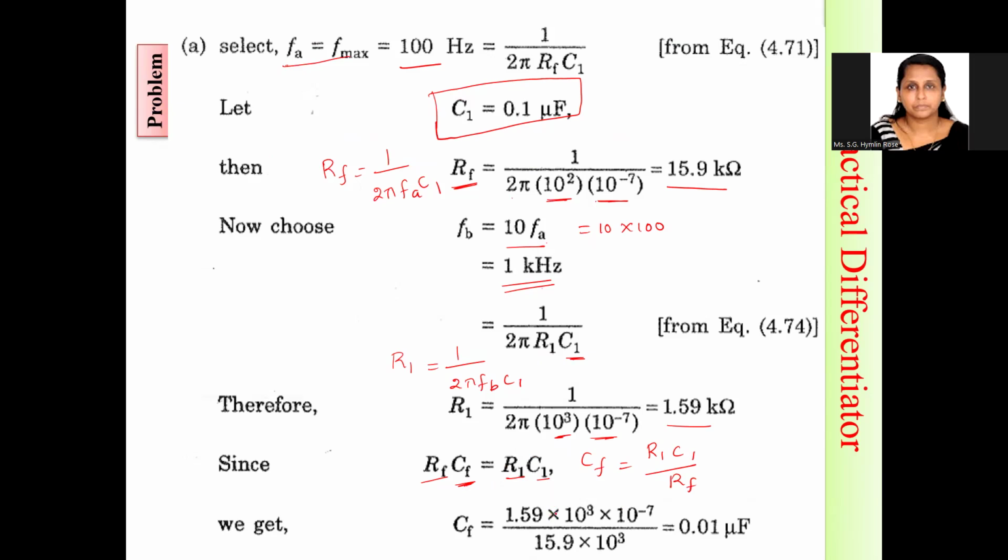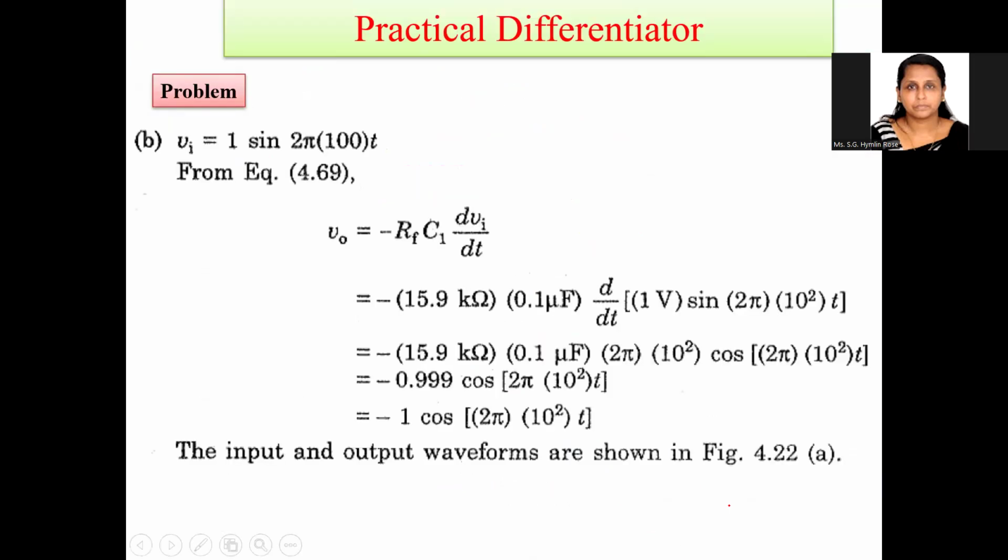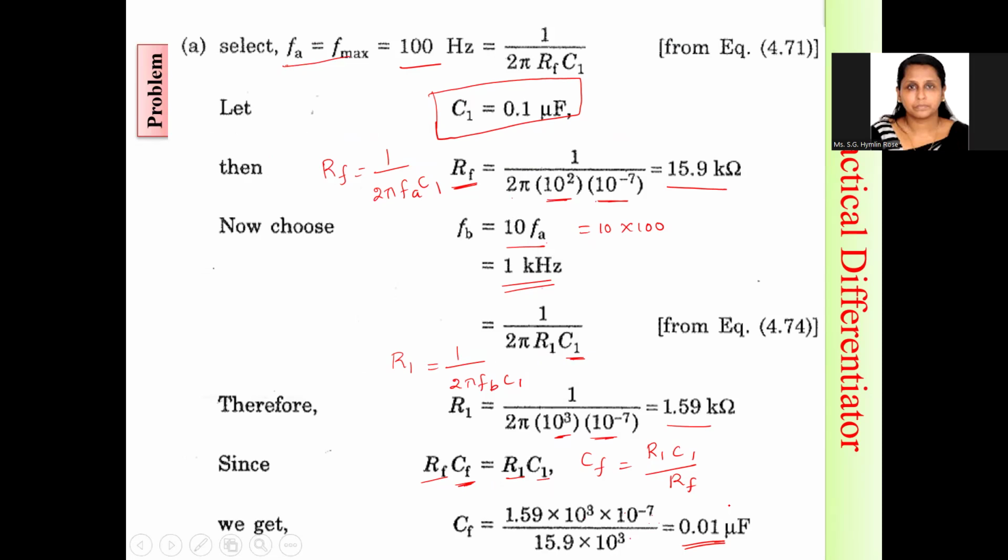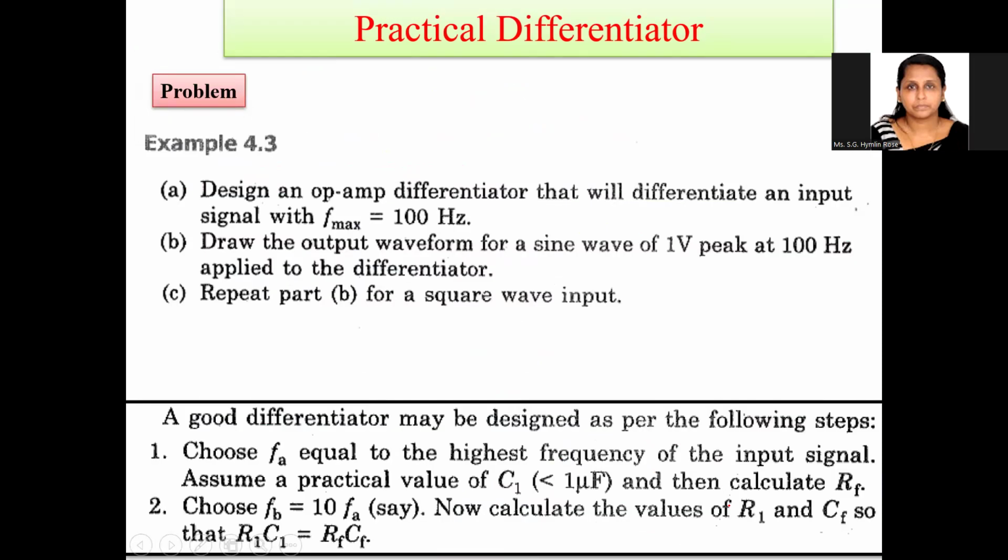Substituting R1 as 1.59 kilo ohm, C1 as 0.1 microfarad, divided by RF as 15.9 kilo ohm, you will get approximately CF equal to 0.01 microfarad. So now we have calculated all these parameters for the first part: design an operational amplifier differentiator that will differentiate an input signal with f max equal to 100 hertz.